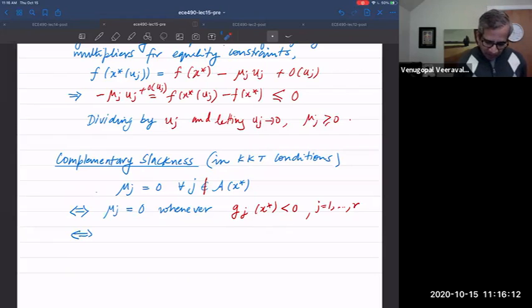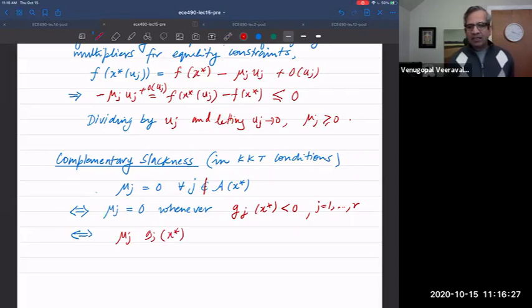That means the product of mu j and g j at x star has to be 0 always for all j, because for the active ones, g j is 0, and for the inactive ones, mu j is 0. The product is always 0.